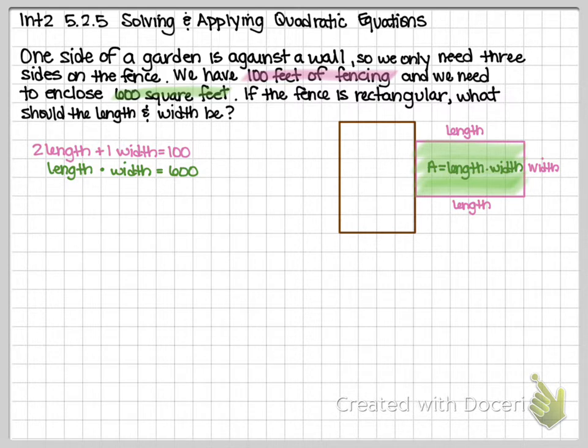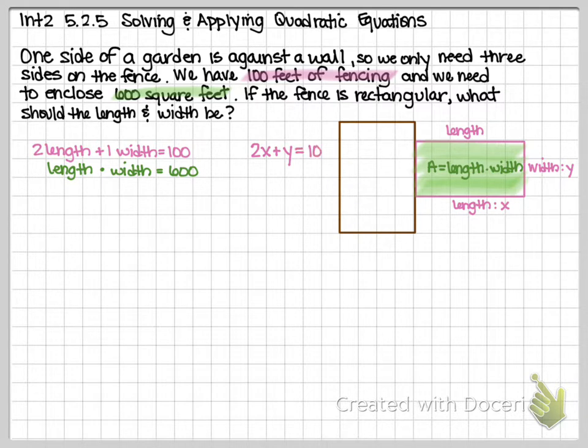I think I'm going to introduce some variables so I don't have to have this length and width business. So I'm going to let length represent x and width represent y. Let's see if we can rewrite these equations now. I've got 2 lengths, so 2x, plus 1 width, 1y.